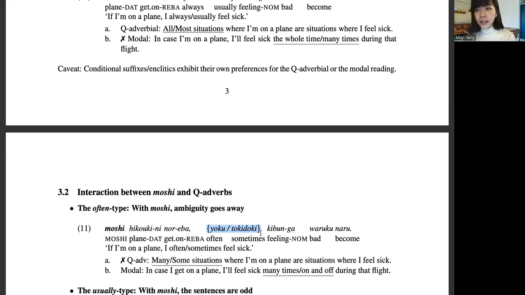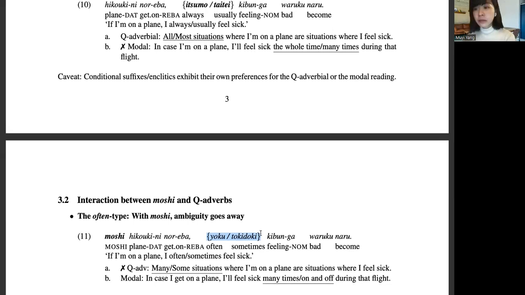But that is actually a hypothesis that Magda Kaufman proposed when she first observed this kind of data. She says that moshi is itself an epistemic necessity modal, and that's why when you plug it in, you can't have the Q adverbial reading anymore. You only have the epistemic modal reading.